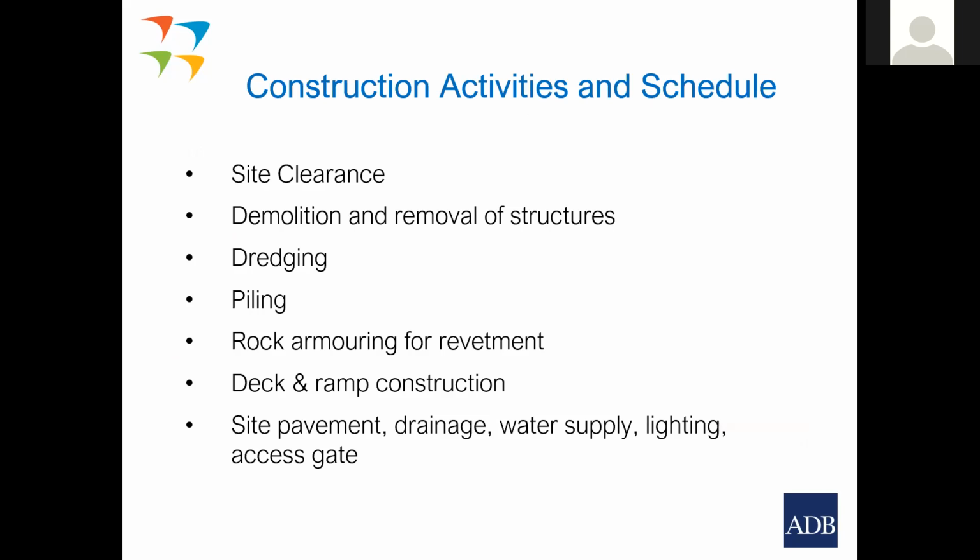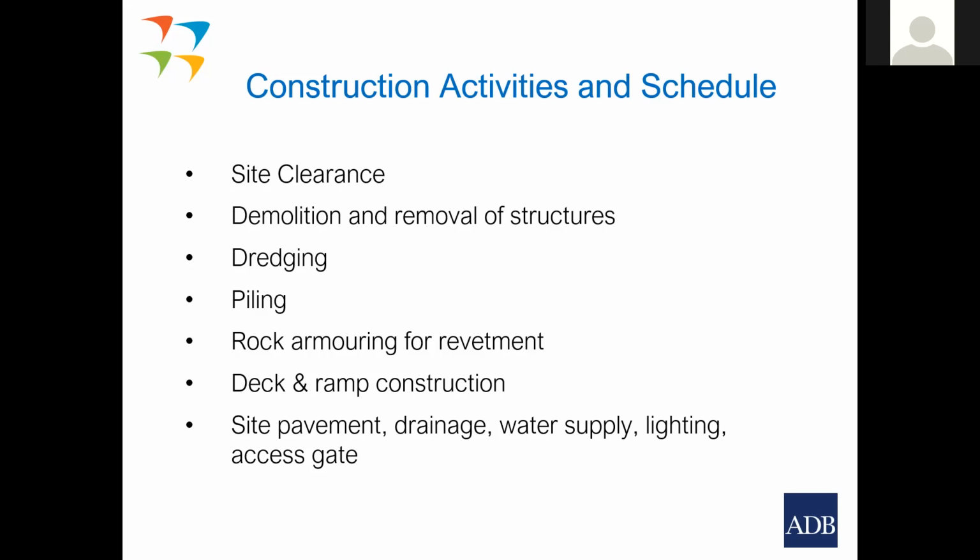Now we break down the project components into specific construction activities, roughly in line with their sequence. The first construction activity is site clearance, and I'll show you some examples of that. Secondly would be demolition and removal of the existing structures that are not needed.